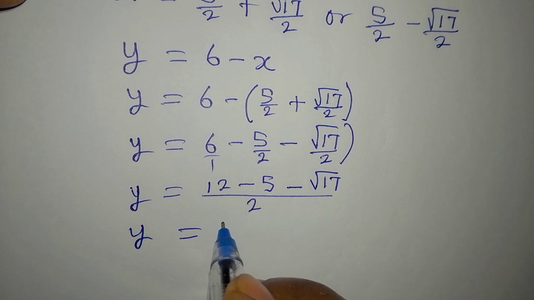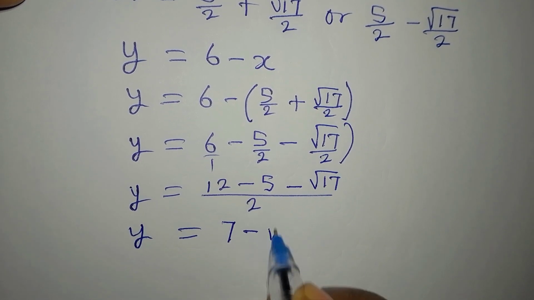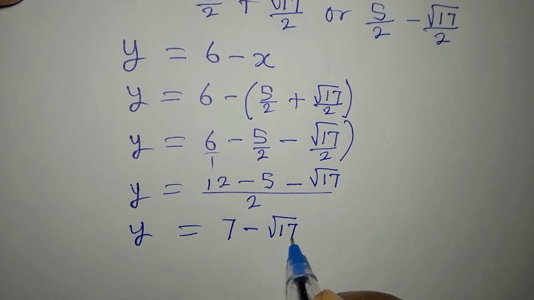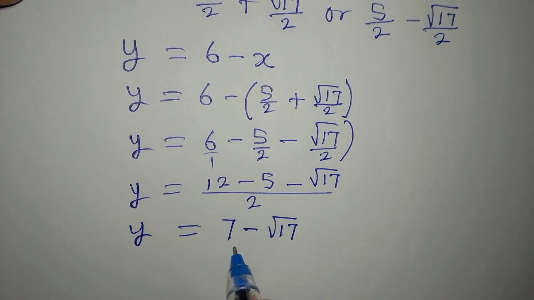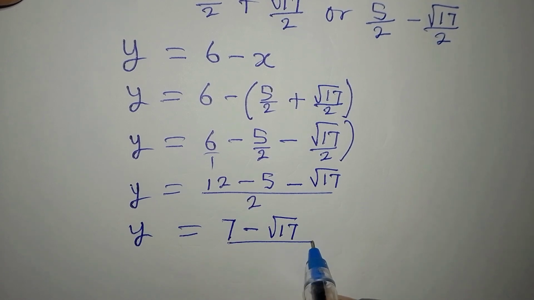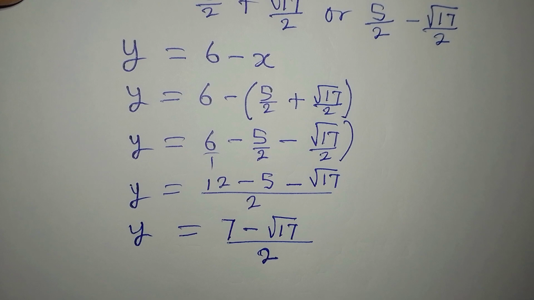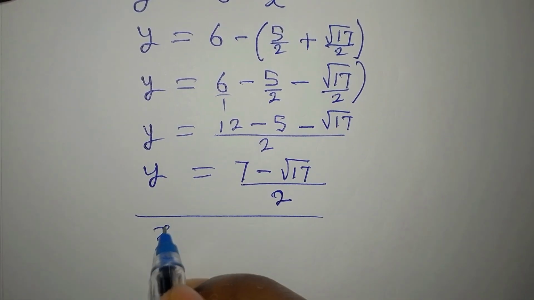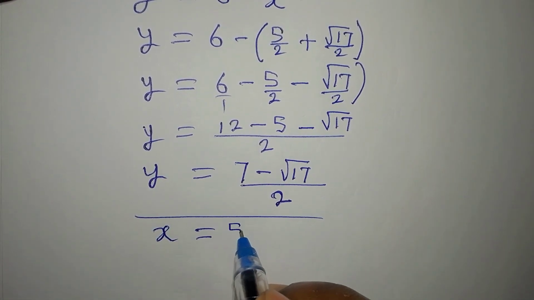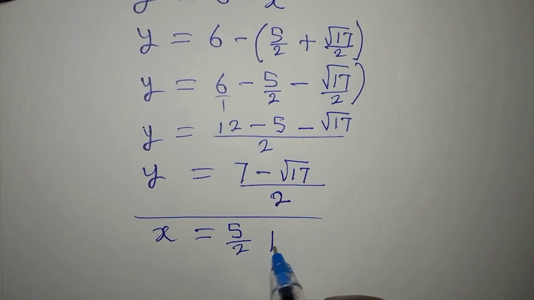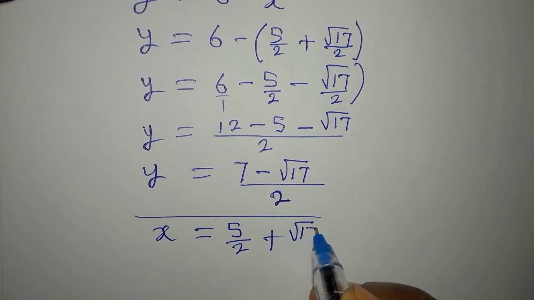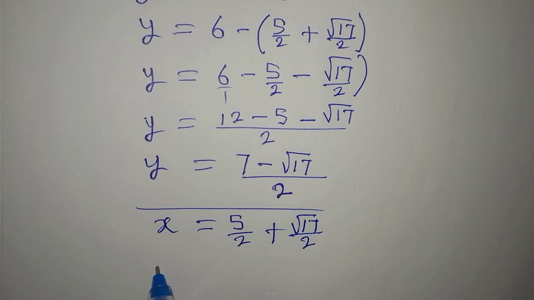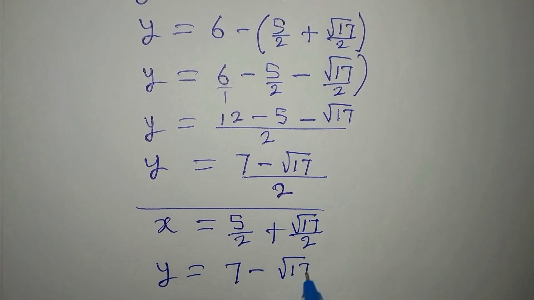So I write 7 here minus square root of 17, and that will be everything over 2. So what are we saying? We are saying that when x is equal to 5 over 2 plus root 17 over 2, y is equal to 7 minus root 17, everything over 2. So this is what we have.